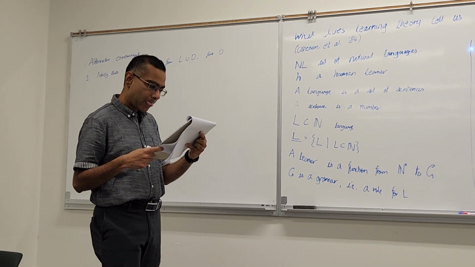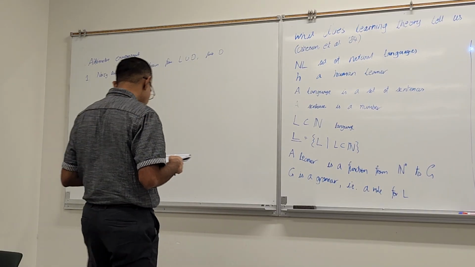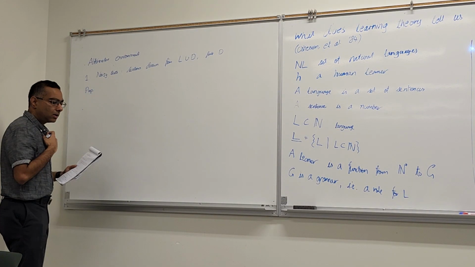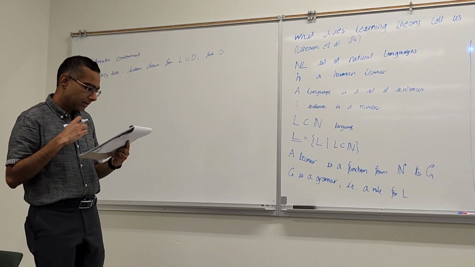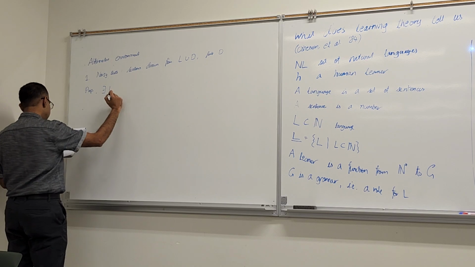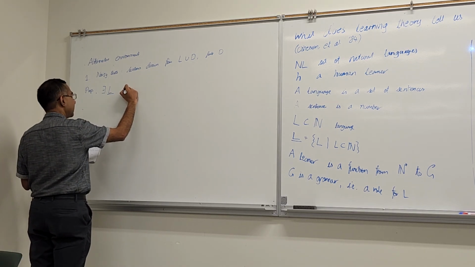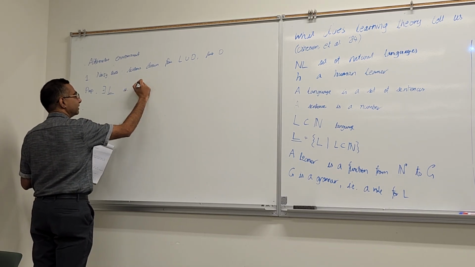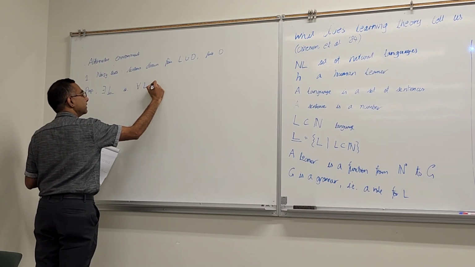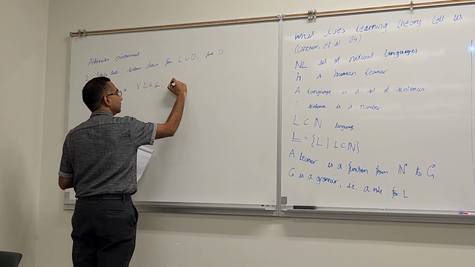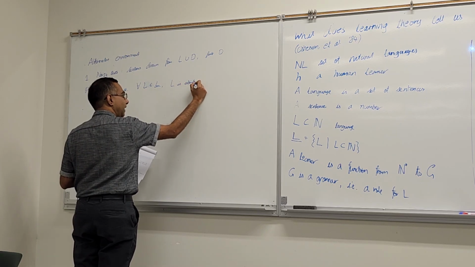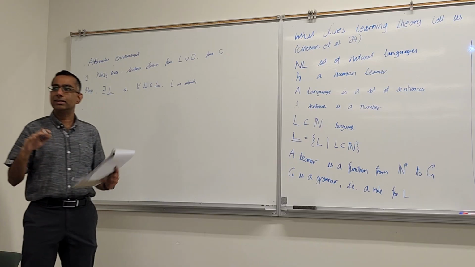Then it turns out, the proposition says that this is actually very strong. It says there exists a collection of languages L bar such that every language in it is infinite, and any two languages are disjoint.